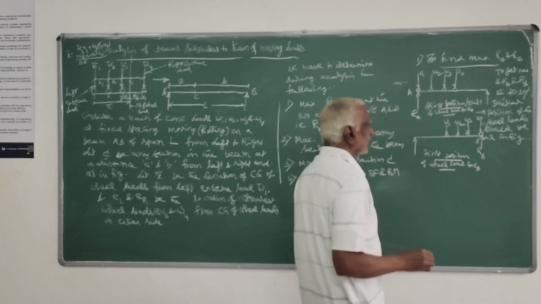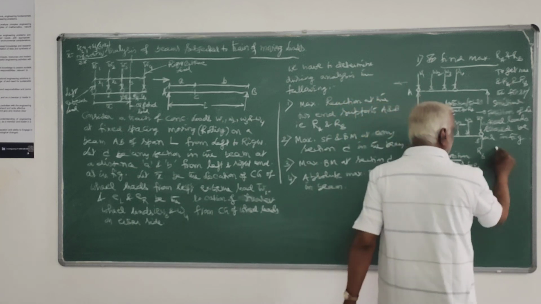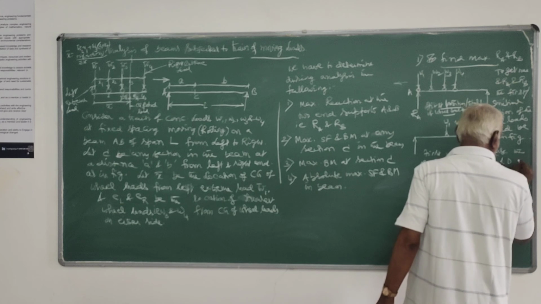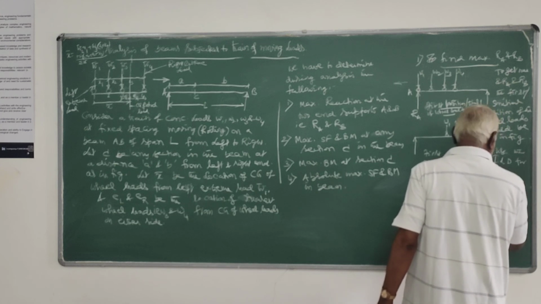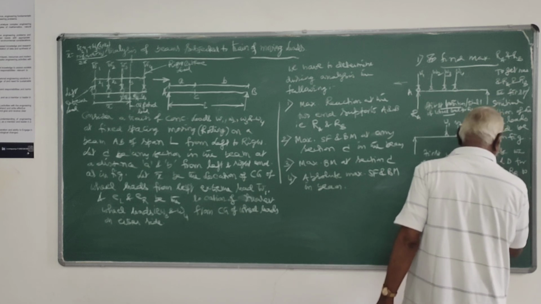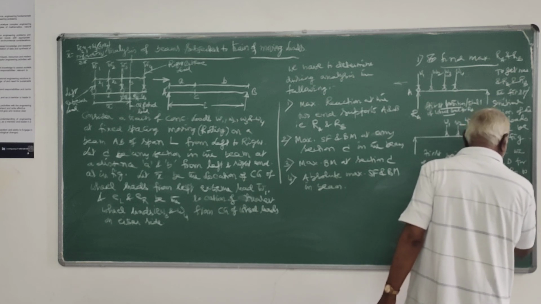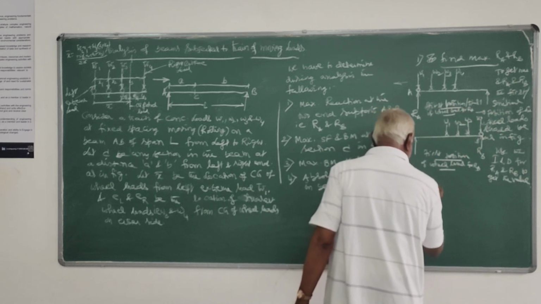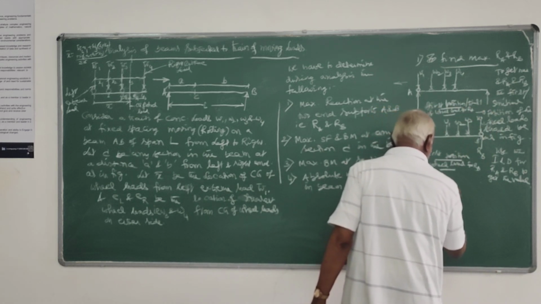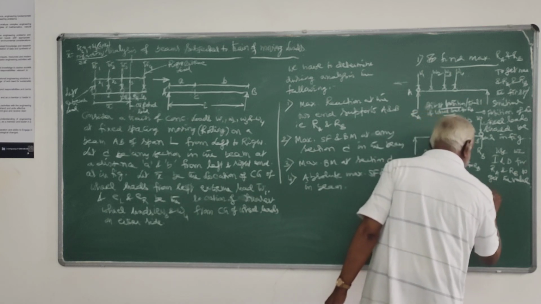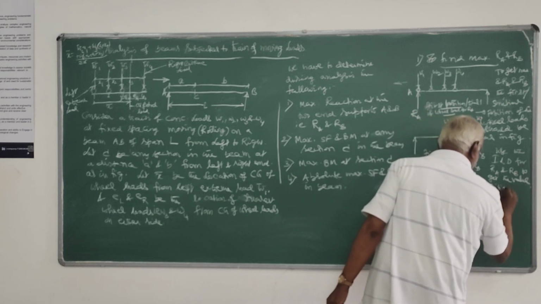This you should know as in the figure. Then use the influence line diagram for RA and RB to get the value of RA and RB for this position.